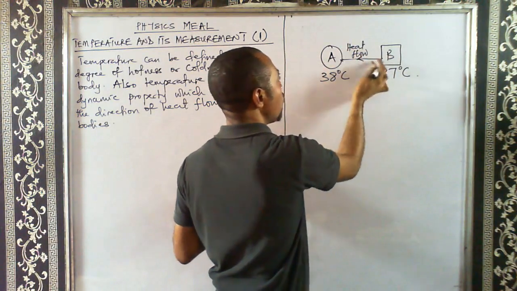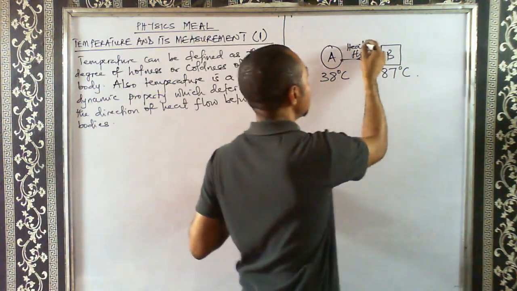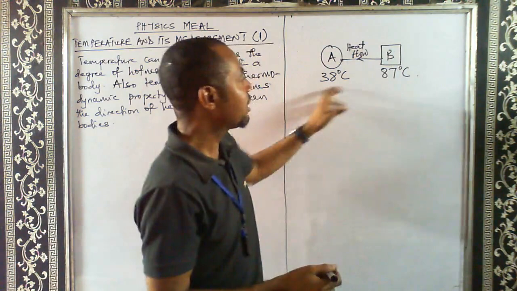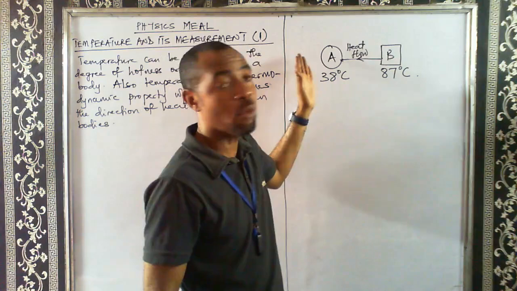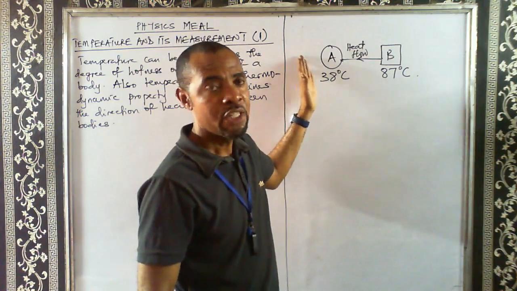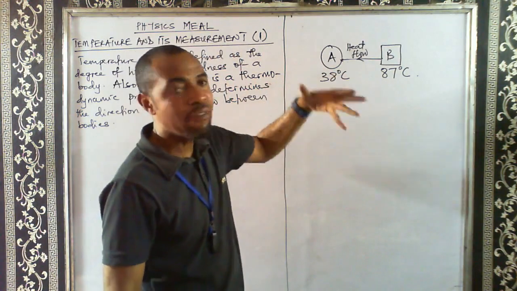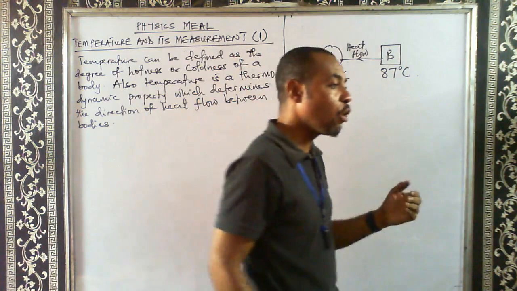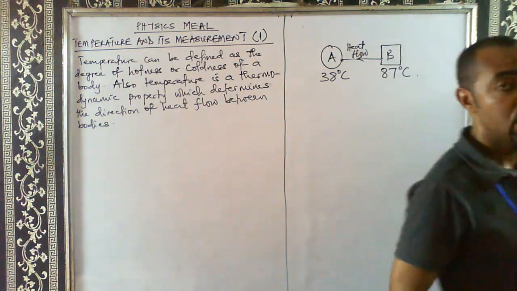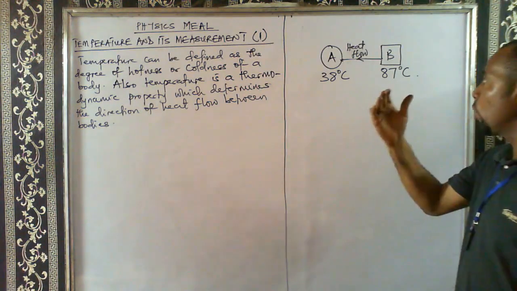Heat will flow from B to A, because we now know their temperatures, and heat will flow from a higher temperature to a lower temperature. So temperature is a factor that shows us the direction of heat flow. So heat will always move from a body with higher temperature to a body with lower temperature.